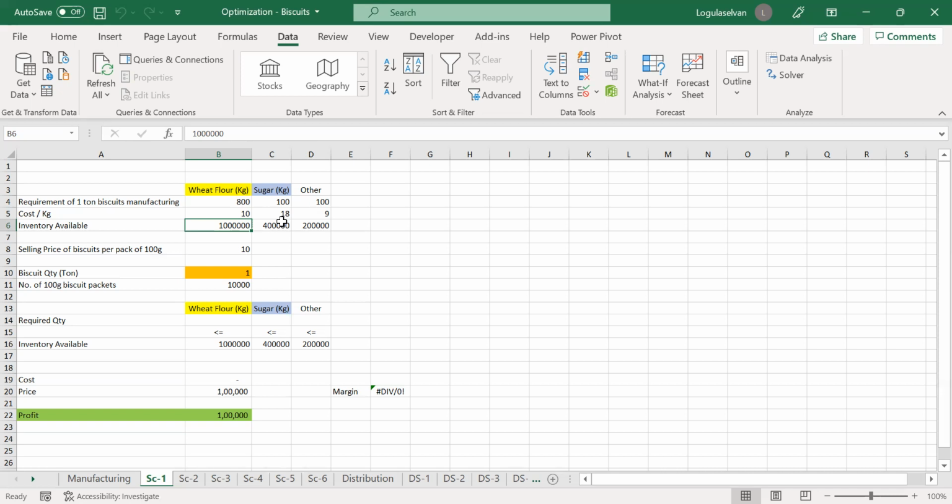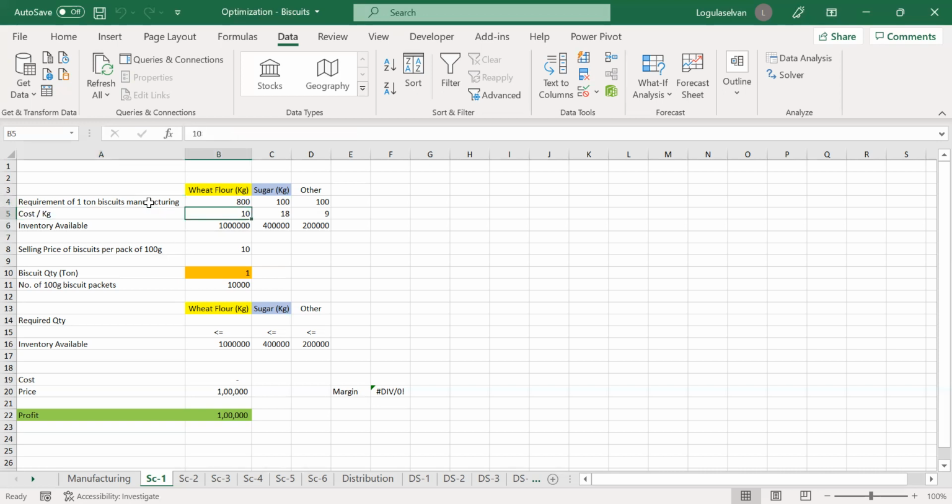First, in the current video, we are going to take a case of a biscuit manufacturing company, which would require 800 kgs of wheat flour, 100 kgs of sugar and 100 kgs of other ingredients to manufacture 1 ton of biscuits.